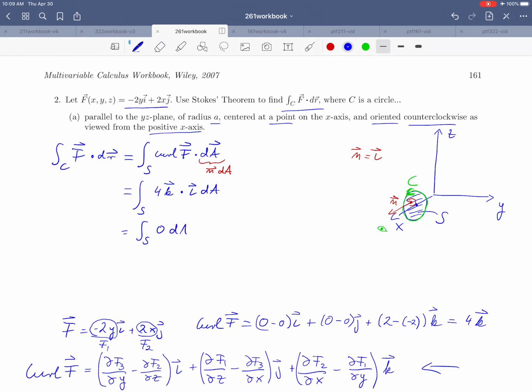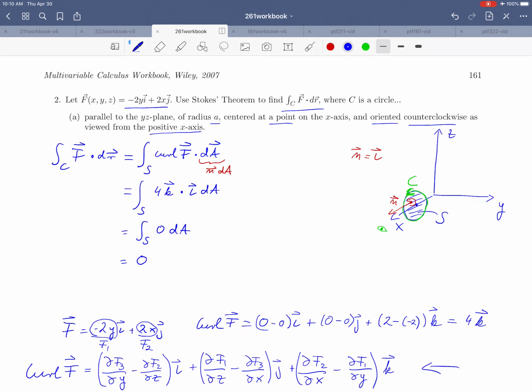So our integral is just the integral over 0 dA, never mind what the surface is. It didn't matter what the radius was, it didn't matter where our circle was centered. Apparently, for any such circle in a plane parallel to the yz plane, the surface integral is 0, and therefore the line integral is 0.